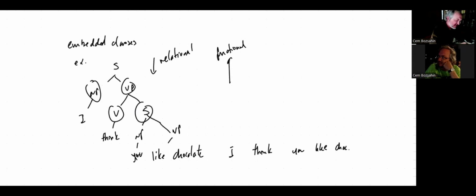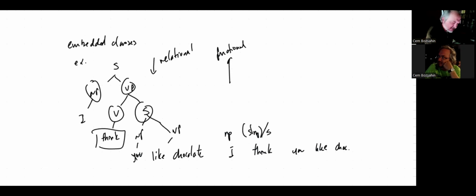The crucial point here is that no matter how you look at it, we know from empirical data that the main predication here is about thinking, not liking. So I am doing the thinking, and my thinking is about your liking. So you want "think" to determine the overall nature of the clause. If you write categories for them, this will be a noun phrase, which as you covered in class, will say, okay, I'll take a subject if you give me an S to the right.